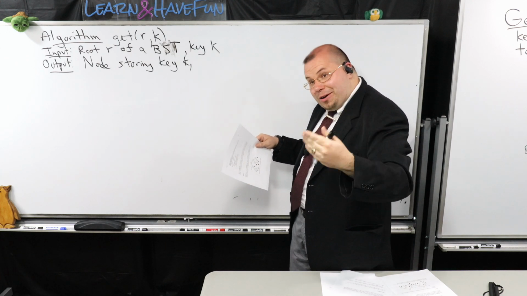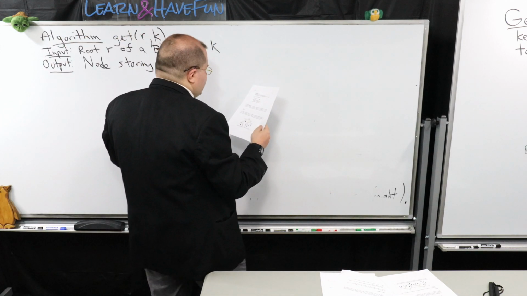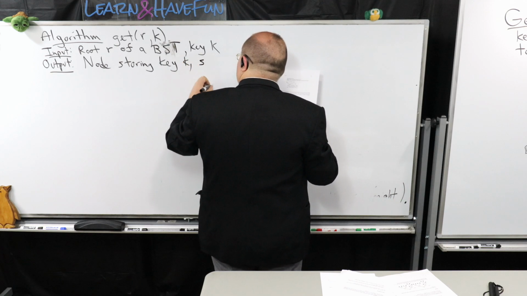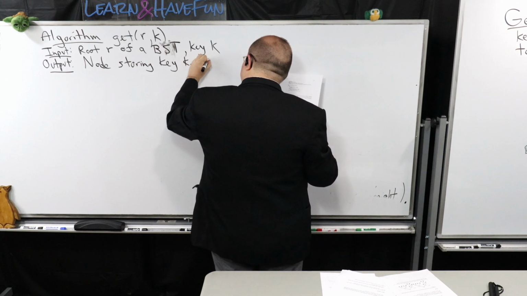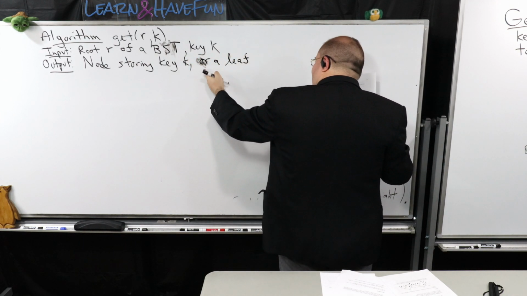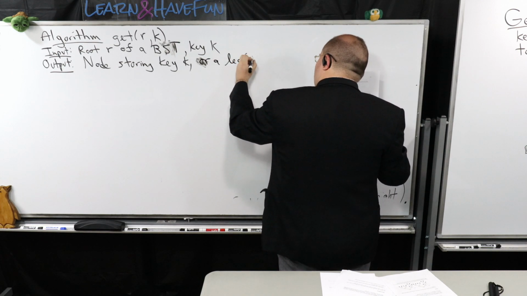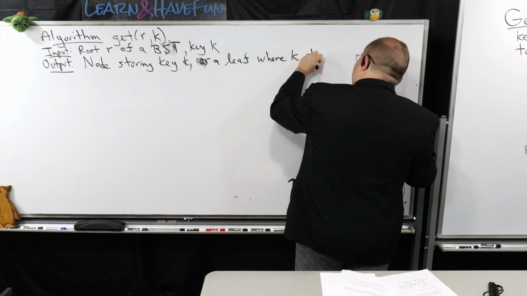This is actually going to be very helpful for the next algorithm we're going to see in a moment. So, or a leaf where K should have been.